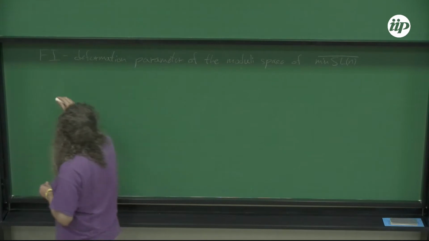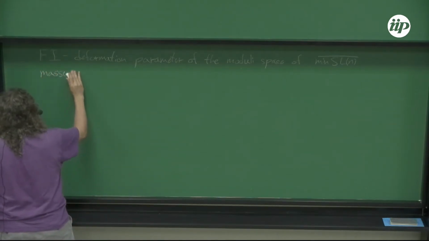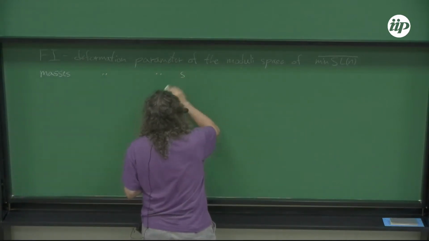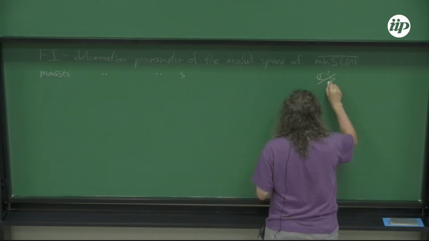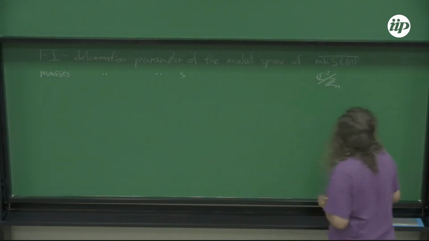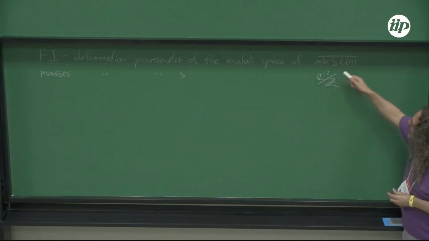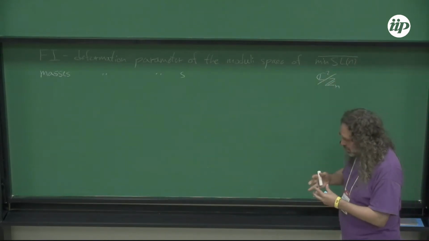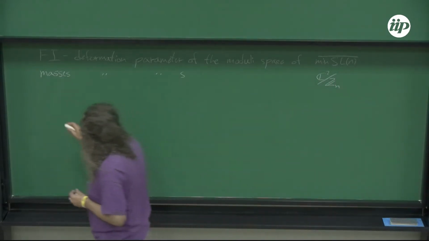Whereas the masses are the deformation parameters of the moduli space of C2 mod Zn. So a bit of geometry here. The way we should think about this moduli space is, well, first of all, let's identify the global symmetries.